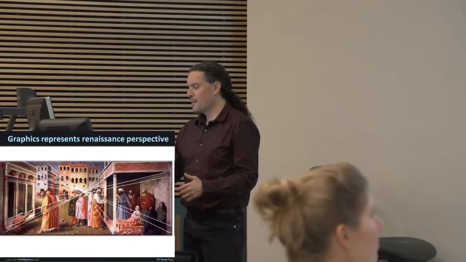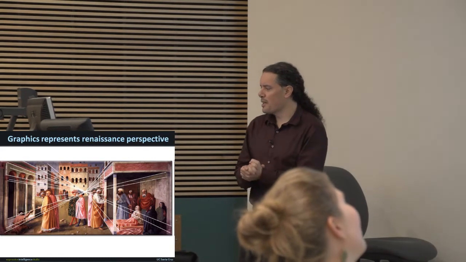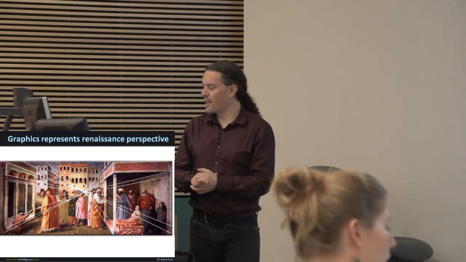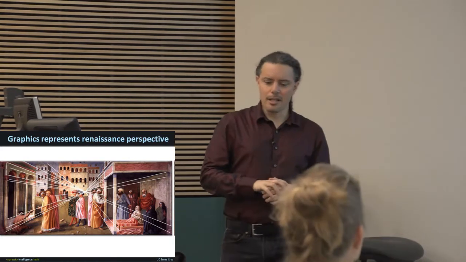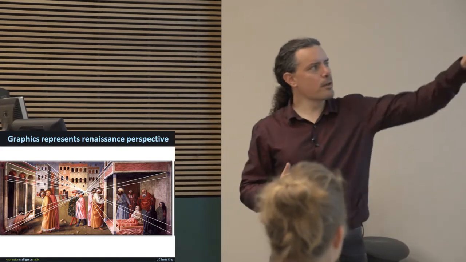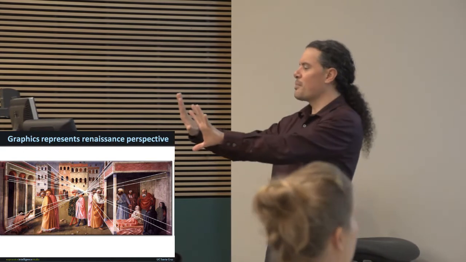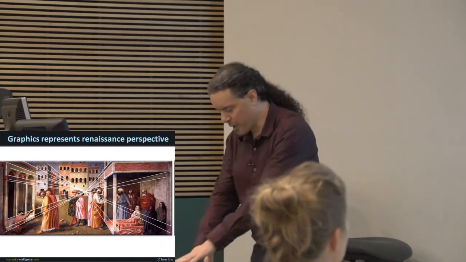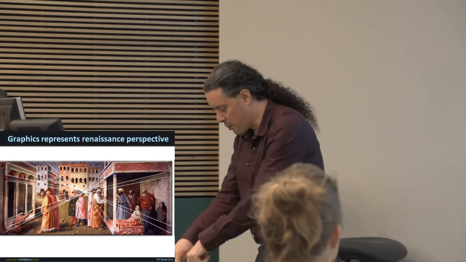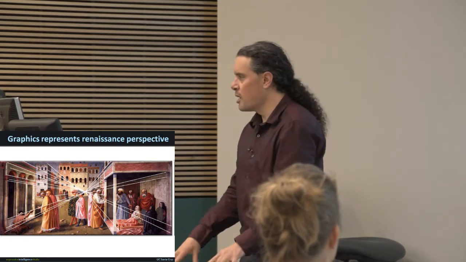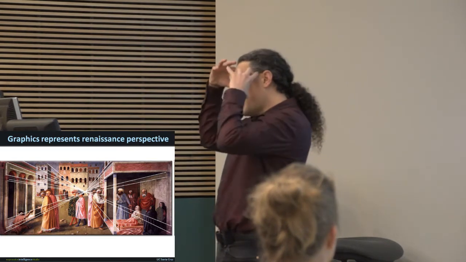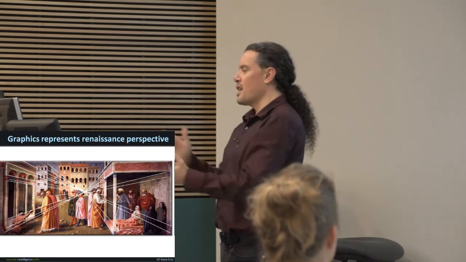So just to finish this point, if we think about graphics as representing Renaissance perspective, basically, Renaissance artists figured out how to represent 3D objects in space on a 2D plane, right? That was the trick. It's really 2D, and I have to figure out how to place little blobs of color on a 2D surface so that your brain gets tricked into perceiving it as 3D.